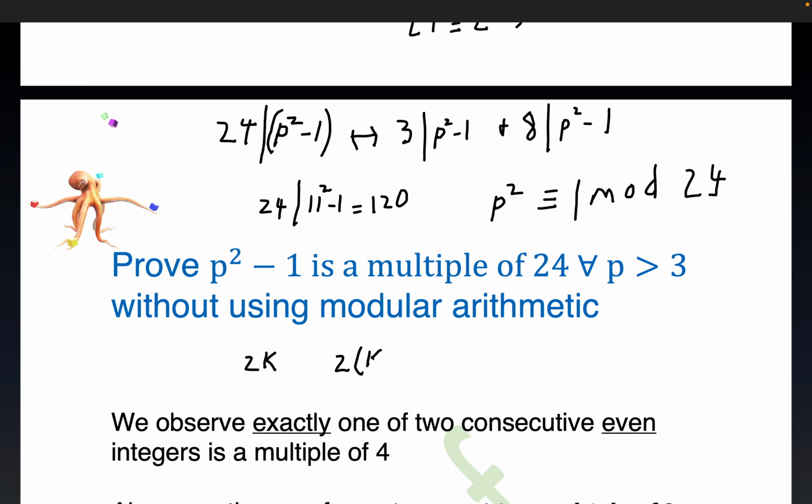So these would be consecutive even integers, right? But notice that the result follows from the fact that either k or k plus 1 is even, right? Okay, so one of these has to be a multiple of 4. One of k or k plus 1 is even.